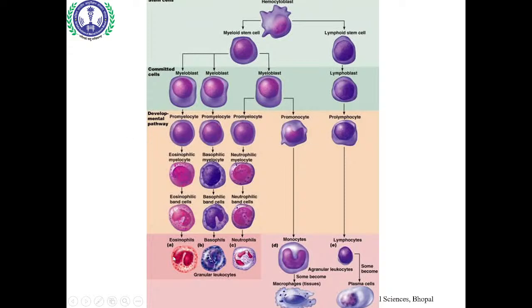This promyelocyte is for eosinophil, this is for the basophil, this is for the neutrophil. This further develops and acquires specific types of granules, with specific enzymes and proteins acquired inside, and further they form the band cells and the mature type of a specific type of WBC.